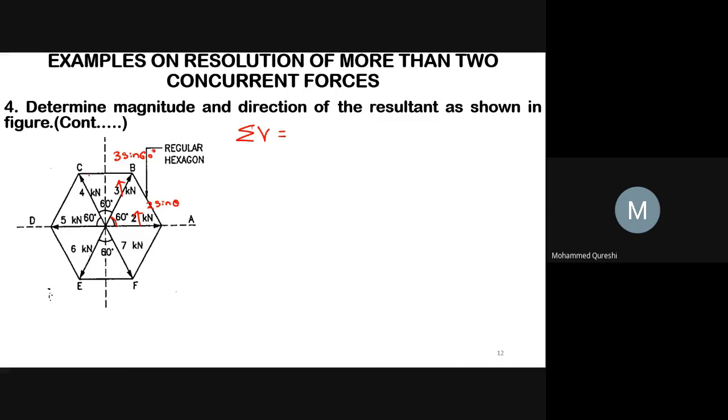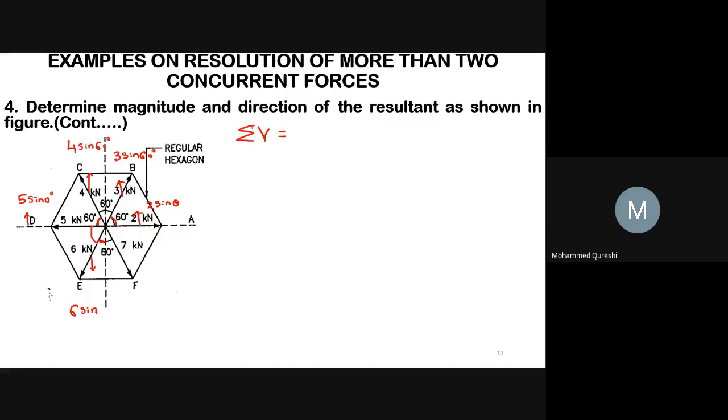Then we will go for 4 kilonewton. So our 4 kilonewton will be here: 4 sine, making an angle 60 degree with the horizontal, and here 5 sine 0, here 6 sine, till here 30 degree.